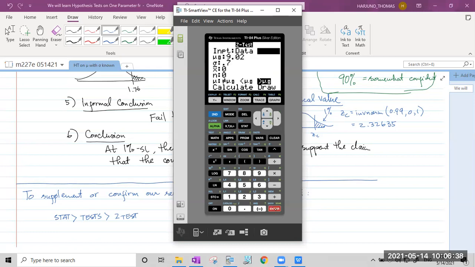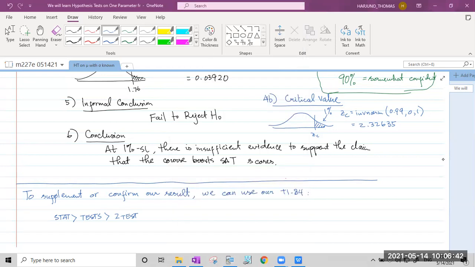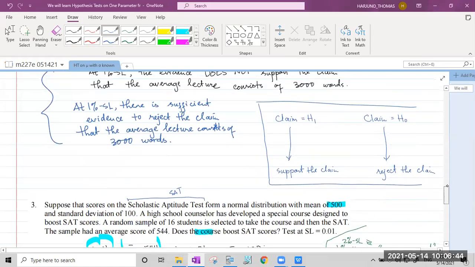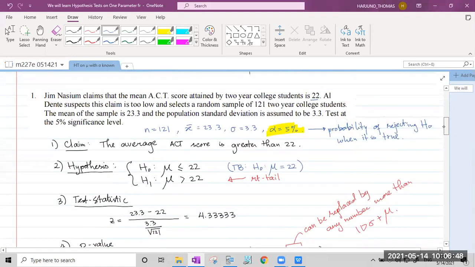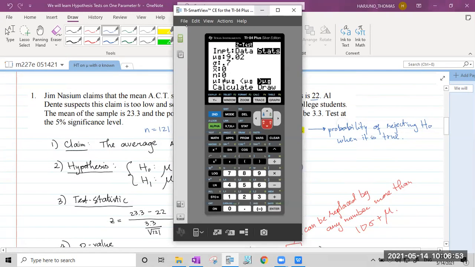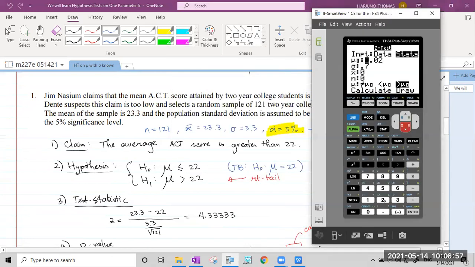You will enter the data. Let's take a look at example 1 here. The mean that we are comparing with is 22. That's the mu naught. Standard deviation 3.3. The sample mean 23.3.